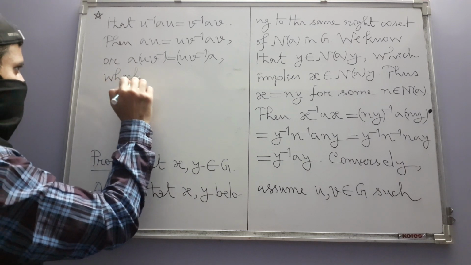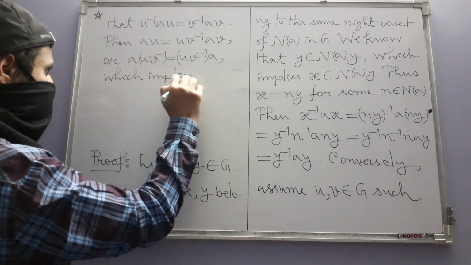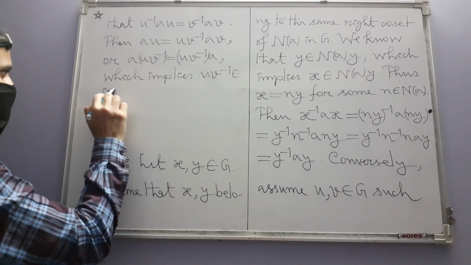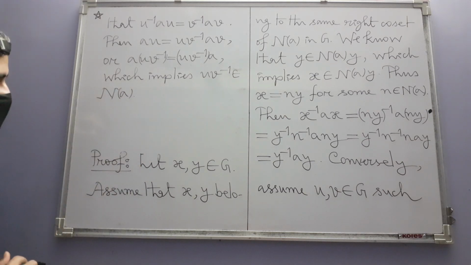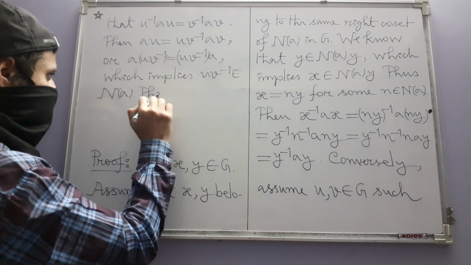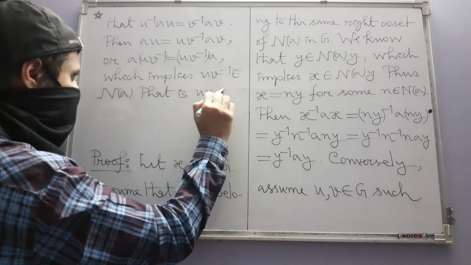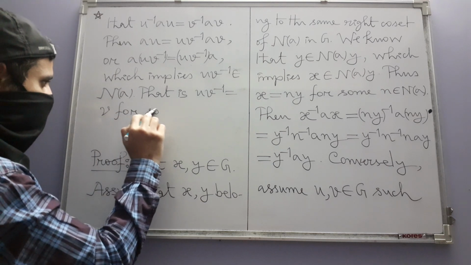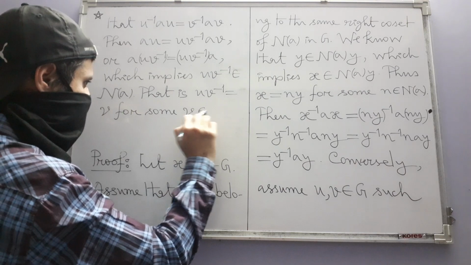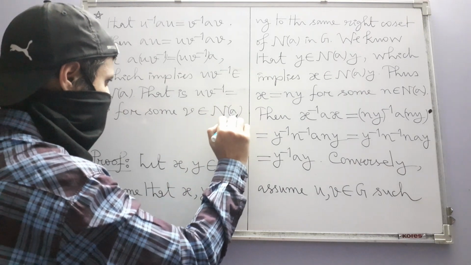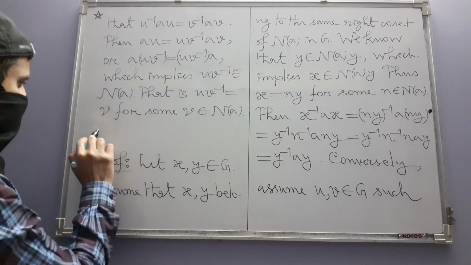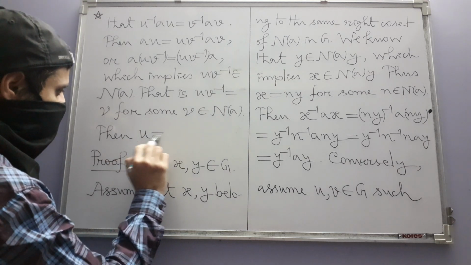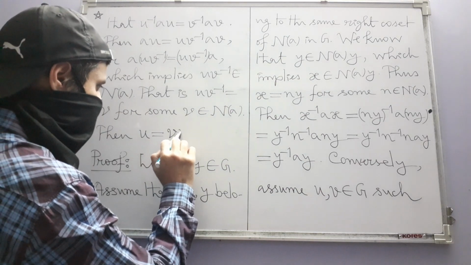This equation clearly shows that u v inverse commutes with A. So u v inverse must belong to the normalizer of A. That is, u v inverse is equal to some element nu for some nu belonging to the normalizer of A. Then what is u? u then becomes nu v.